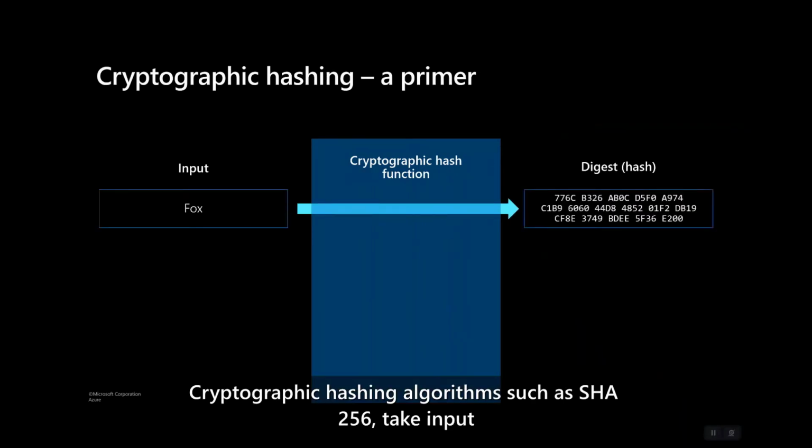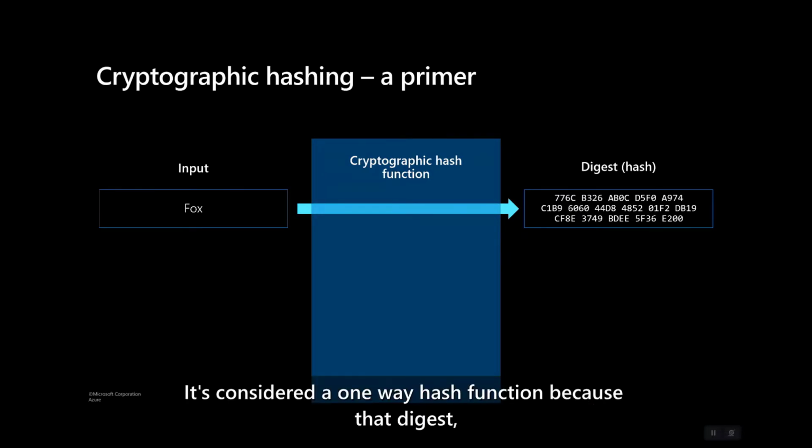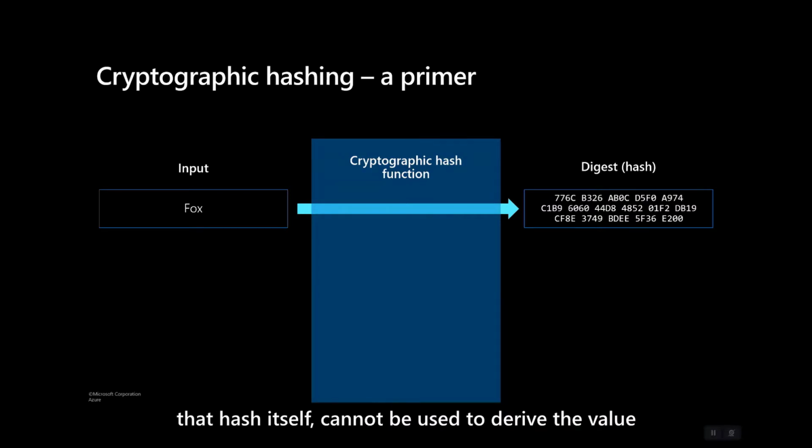Cryptographic hashing algorithms such as SHA-256 take an input that could be any size, run it through a cryptographic hash function, which then produces a digest or a hash, a set of data that represents the input. It's considered a one-way hash function because that digest, that hash itself, cannot be used to derive the value of the input, but is used to verify that that input is correct.